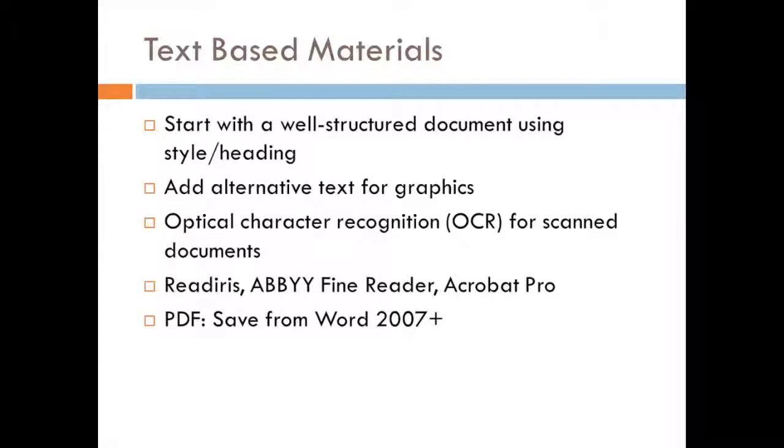At least the structure doesn't come out correctly in the Mac version, but all the words and things like that should come out. So the student should be able to read most of it. Just the structure might be a little funky. But if you start with a Word document and save it as a PDF, it should work pretty well.